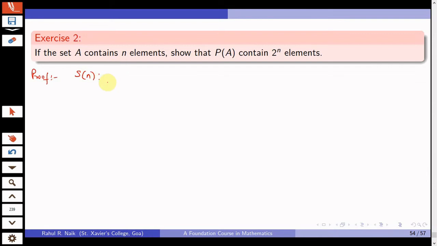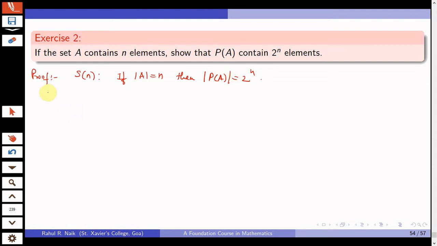This is a statement which says that if the cardinality of A is equal to n, where I use this notation to denote the number of elements in A, then the cardinality of P of A is equal to 2 raised to n. This is what we need to show.